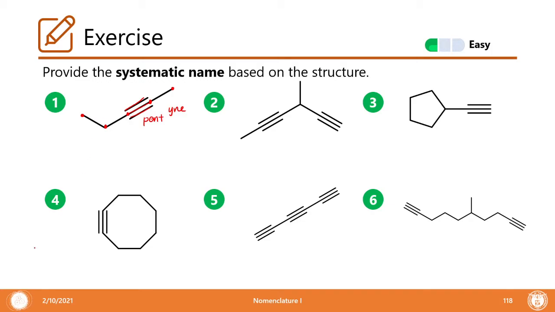And then we start numbering. At position 2, we have our alkyne. So the name of this is pent-2-yne.